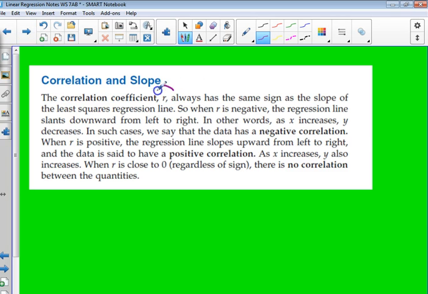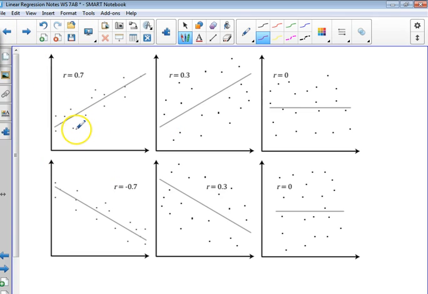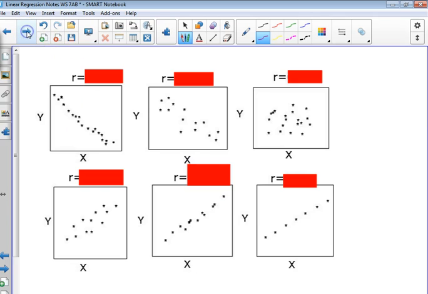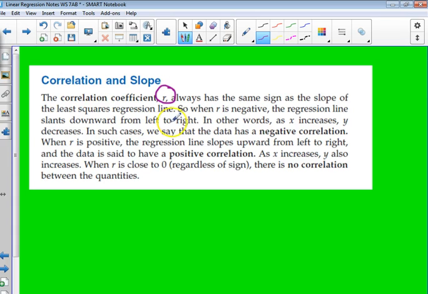All right, the correlation coefficient is R. It always has the same sign as the slope of the line. So both, oh, here's another example. These are going to be negative because these dots are going down. This one should be negative 0.3. Okay.